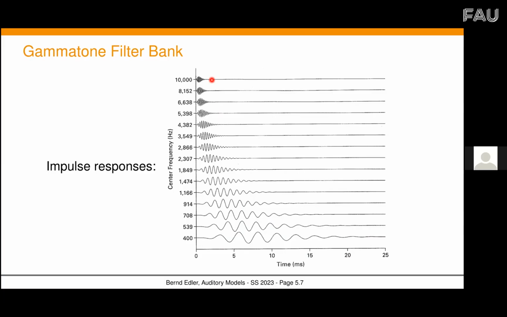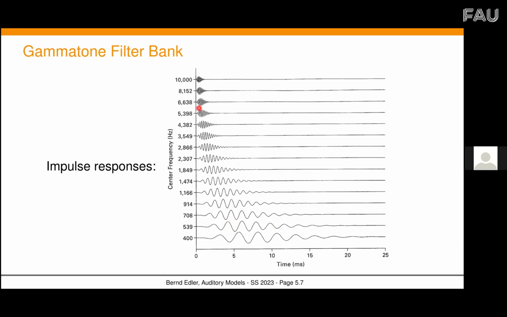So this is a kind of time-bandwidth uncertainty, you can say. Normally you have time and space uncertainty, but here we have time and frequency uncertainty. It means if you want to have a narrow filter, you need quite a long impulse response.